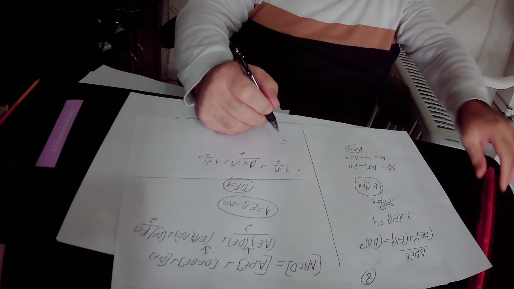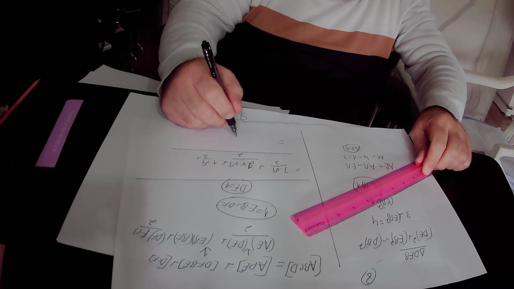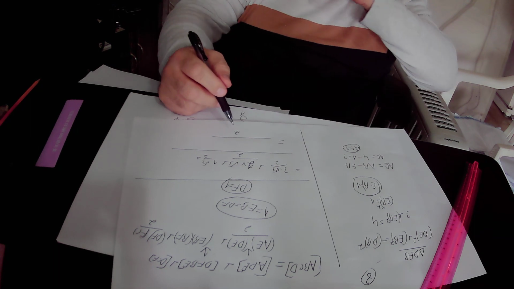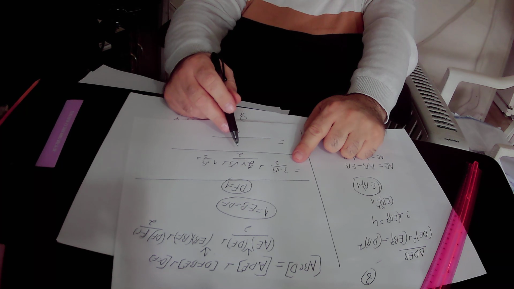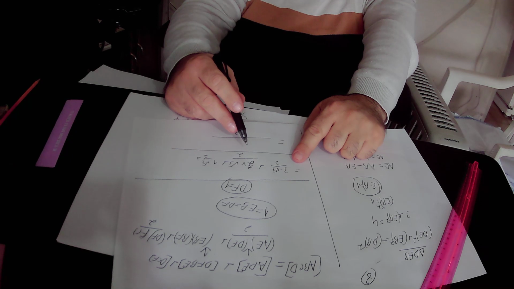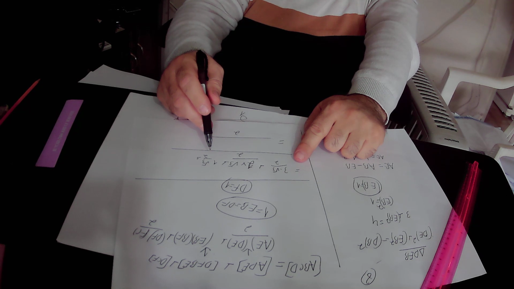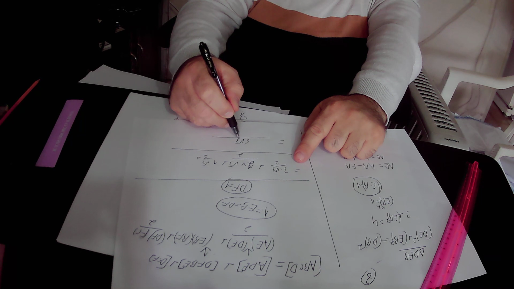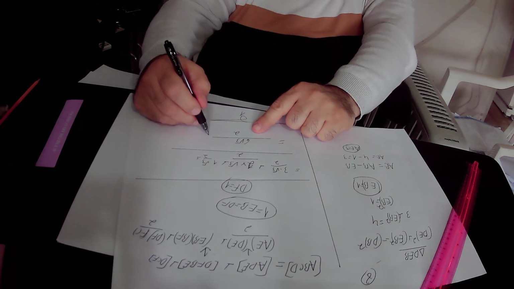And then we will have 2 in the denominator, and in the numerator we have 3 times square root of 3 plus 2 times square root of 3 is 5 times square root of 3. 5 times square root of 3 plus 1 times square root of 3 is equal to 6 times square root of 3, and 6 over 2 is 3.